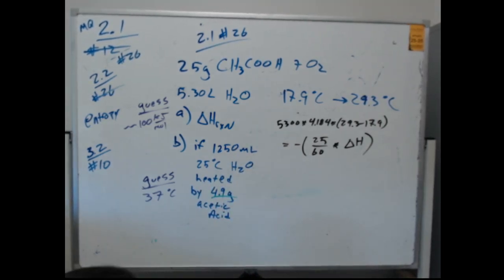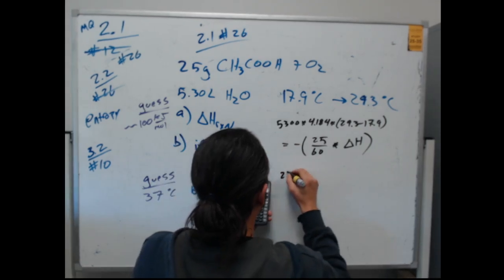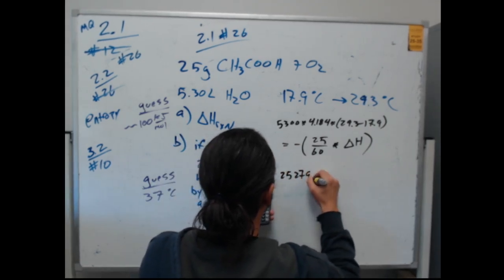Let's go ahead and do some math. 5300 times 4.184 times, whoa, that was a big number, 29.3 minus 17.9. Jeez Louise. 252797.